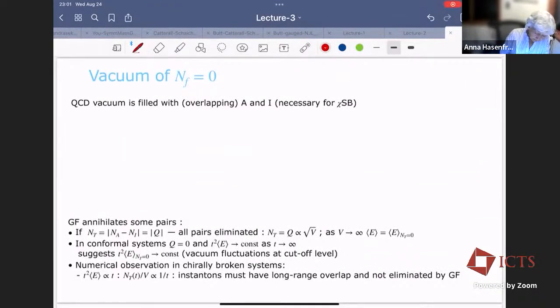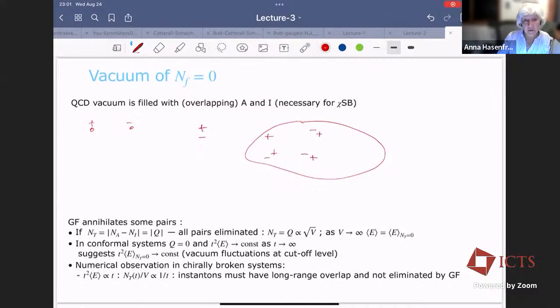In the QCD vacuum, we could have separate instantons or anti-instantons, or we could have relatively close pairs, or more likely, and that's the physical picture, instantons and anti-instantons that are closely interacting.